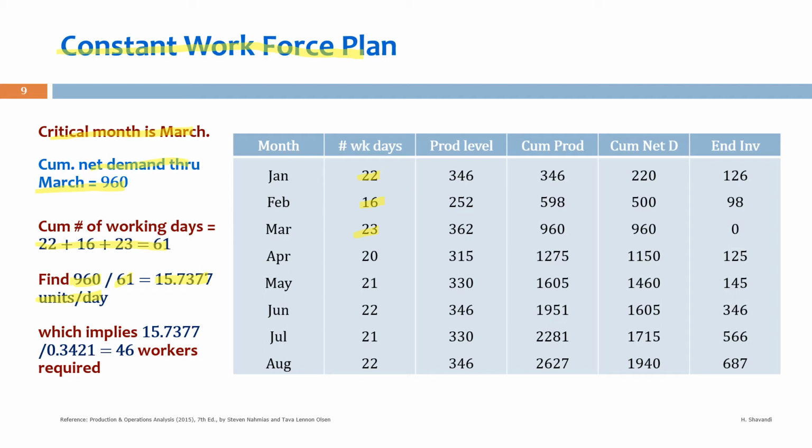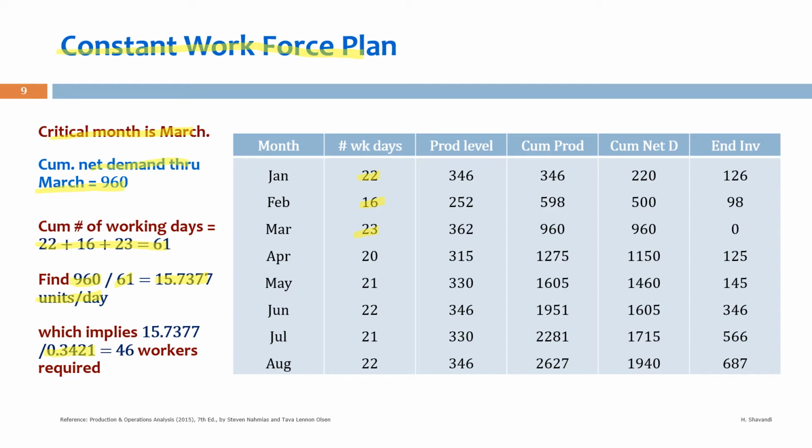Okay, as you remember, in the previous slide we obtained 0.3421 as the units that can be produced by one man day.